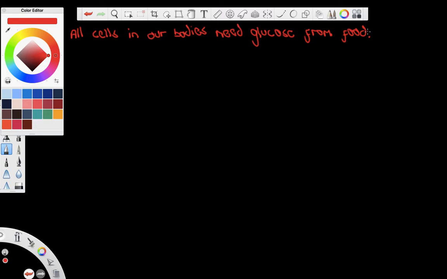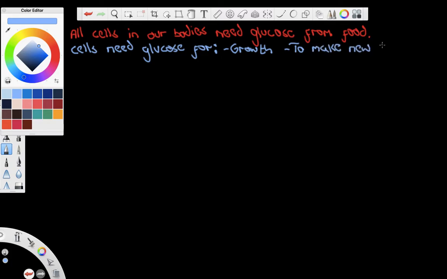We can say that cells use this glucose, so I've put that in red because it's important, and we can say cells need glucose for growth, to make new substances, and finally for use in respiration.